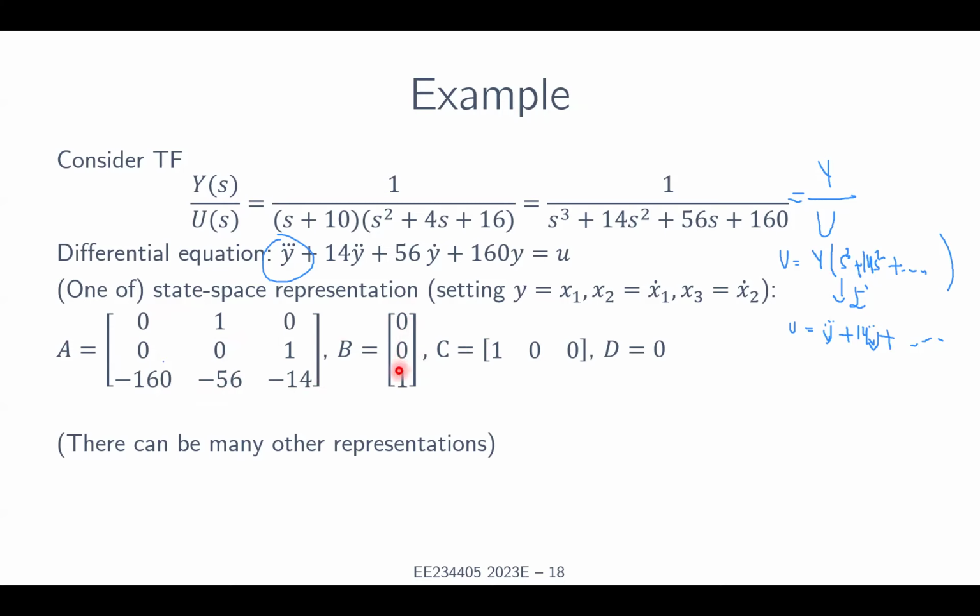And B is 0, 0, 1, therefore the input u is just affecting the state x3 directly, but of course it also affects other states, right? Okay, and C is 1, 0, 0 because we select y to be x1, for example. Of course, there can be many other representations.